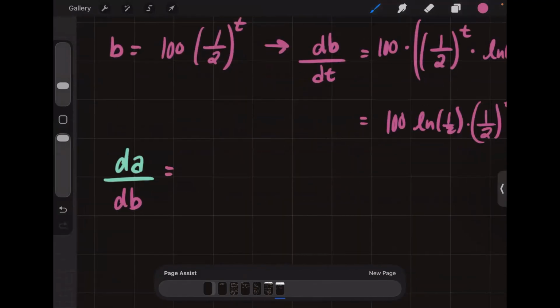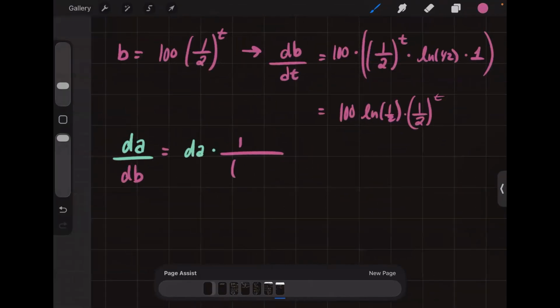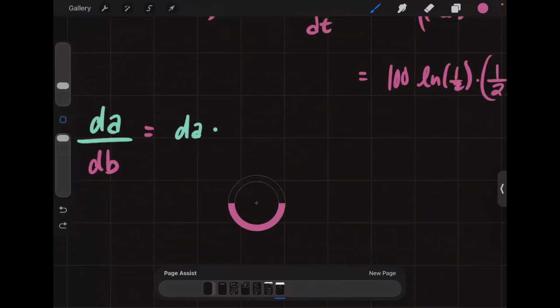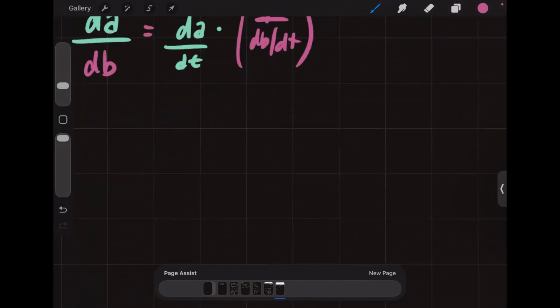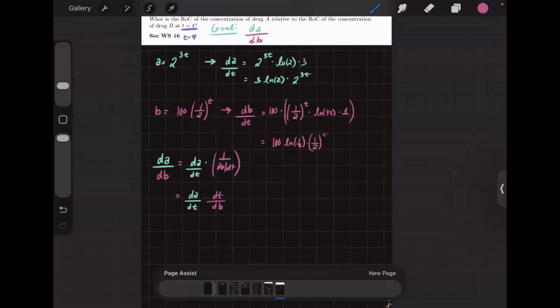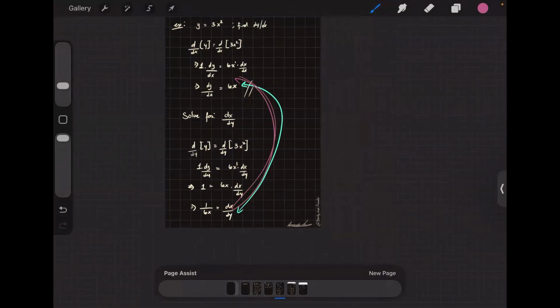Yes, I did, is equal to dA/dt times 1 over dB/dt. That's kind of ugly, right? So you can always rewrite that as dA/dt times dt/dB, right? It goes back to the whole flip it upside down thing, right?